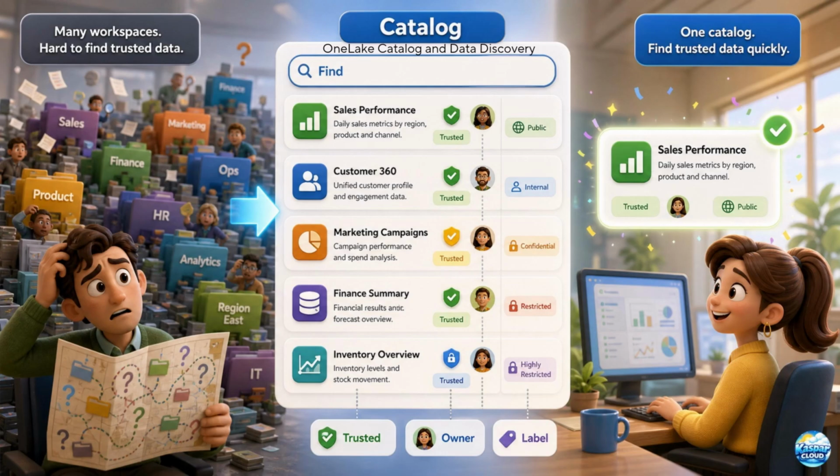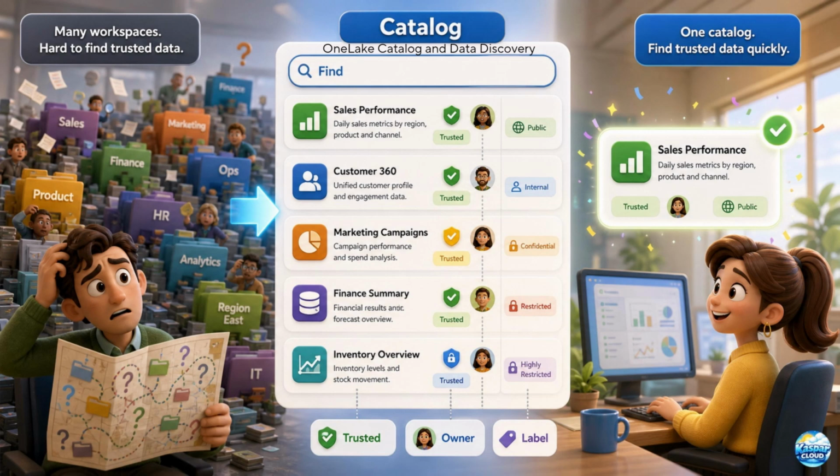Microsoft Fabric includes a catalog experience that helps users find data across the organization. As organizations grow, the challenge is not only storing data, but helping people discover the right data without browsing every workspace manually. The catalog supports discovery across Fabric items and helps users understand what data exists, where it lives, and how it can be used.